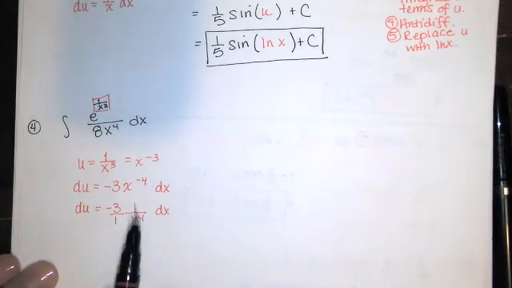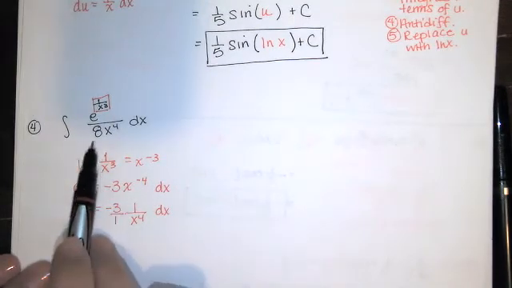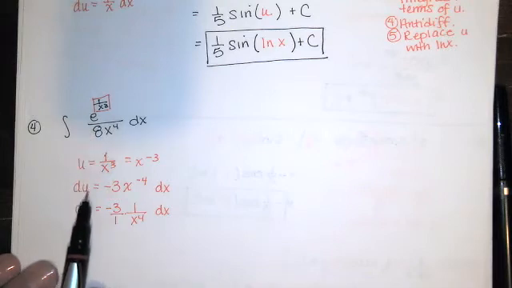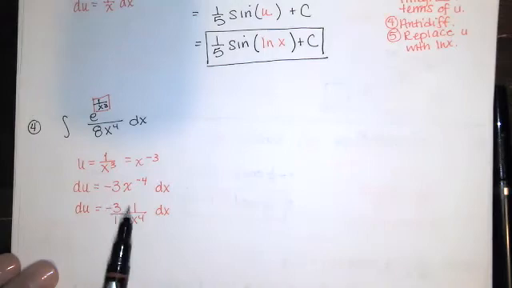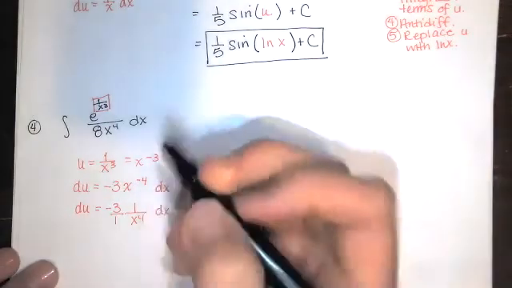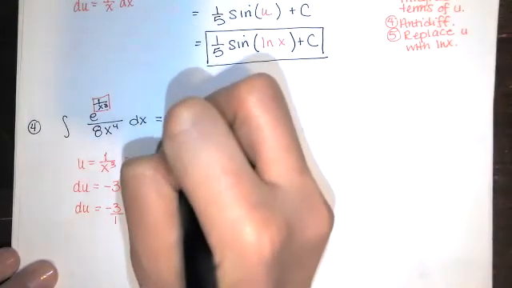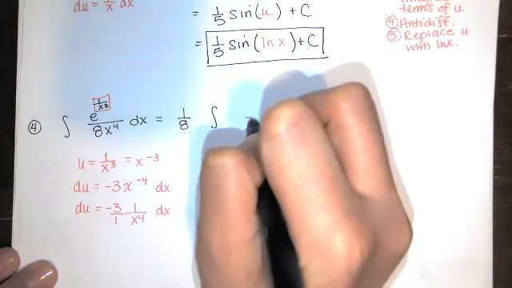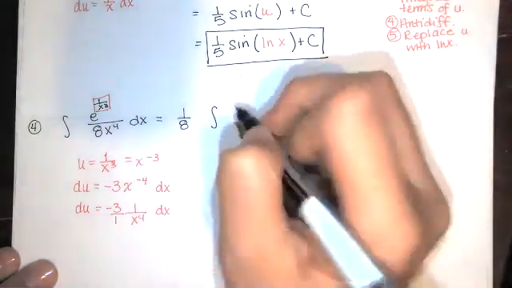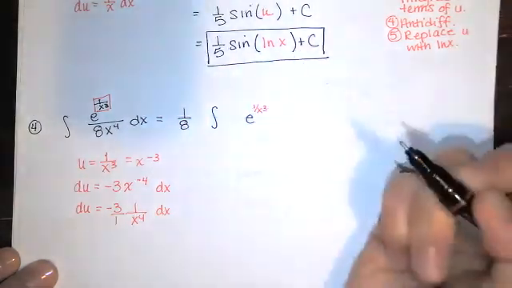That's du. And I've got an 8 here. I guess I could multiply by 1/8 and also divide by -3. I'm not going to worry about that. Instead, I'll just factor the 1/8 out. And this is e to the 1/x cubed inside.